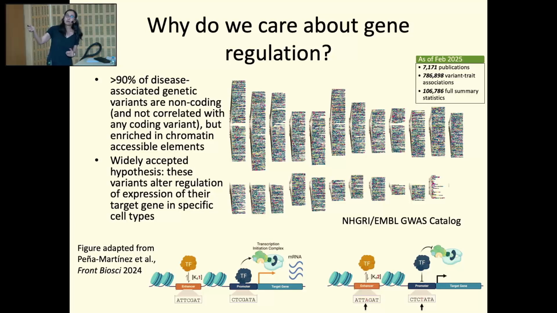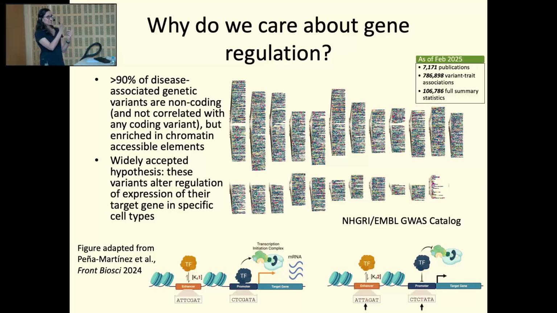This is the summary of many genome-wide association studies, all right? So these are studies where you have a population with a disease, a control population, you genotype them, you do genome-wide statistical association between genetic variants, usually single nucleotide polymorphisms, and the trait, the disease, right? And you get a statistical association.